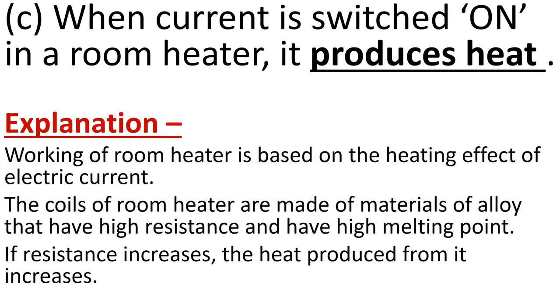Explanation: working of room heater is based on the heating effect of electric current. The coils of room heater are made of materials of alloys that have high resistance and have high melting point.